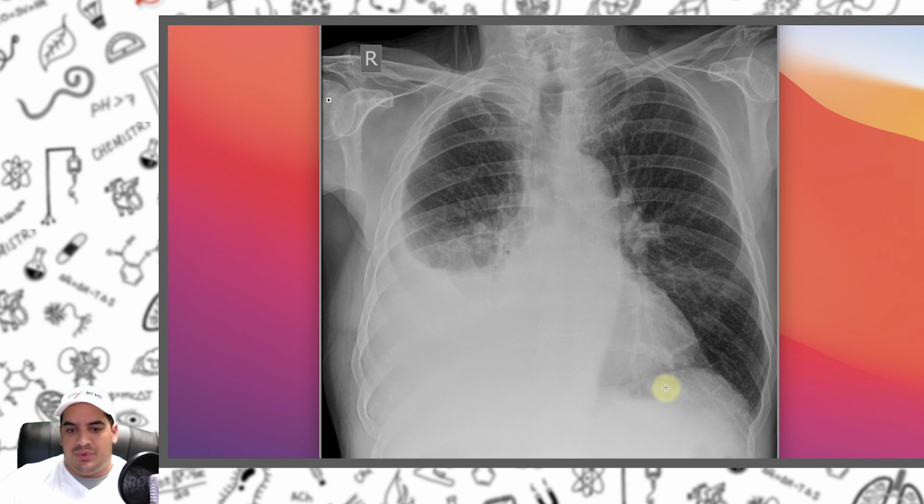What happens is when you lose that costophrenic angle, there could be two particular causes. One is there could be an opacity like an infection, like pneumonia, or it could be a pleural effusion. In this situation here, we can't even see our costophrenic angle. It's blunted, it's blurred, it's not present. So is it a pneumonia? Is it a pleural effusion?